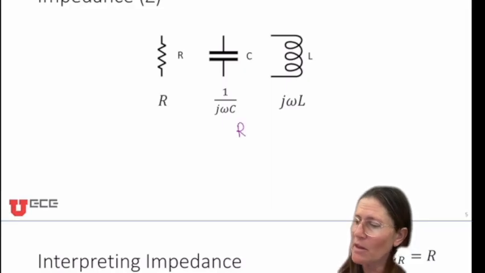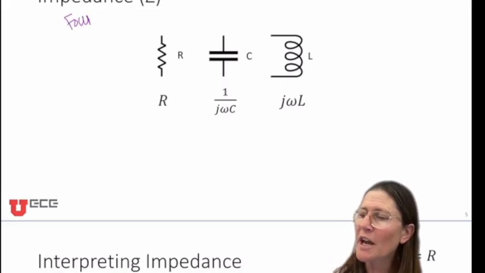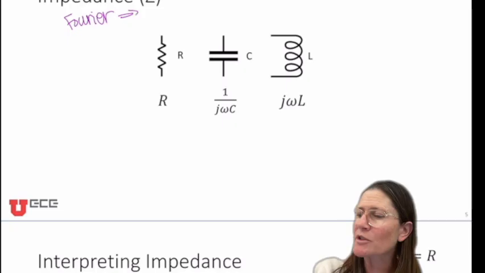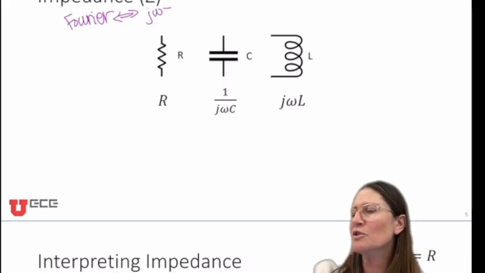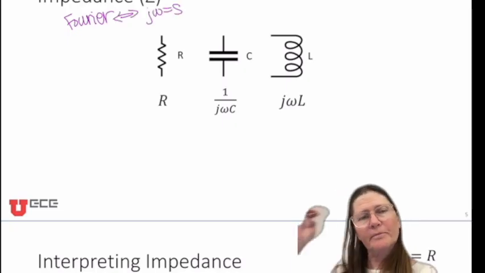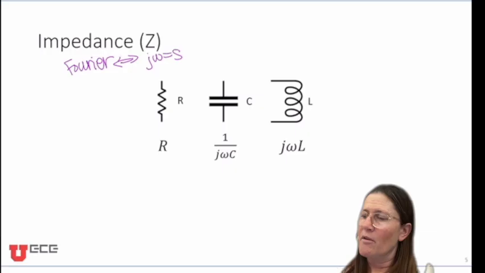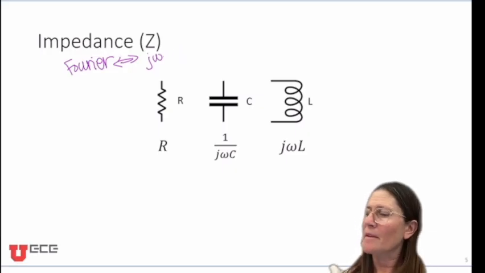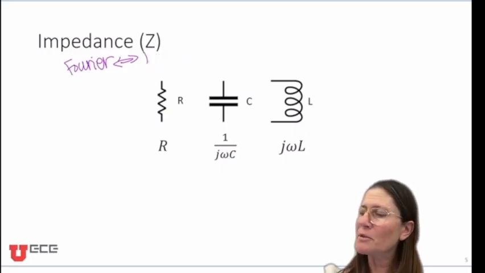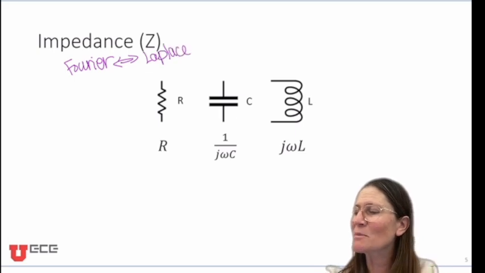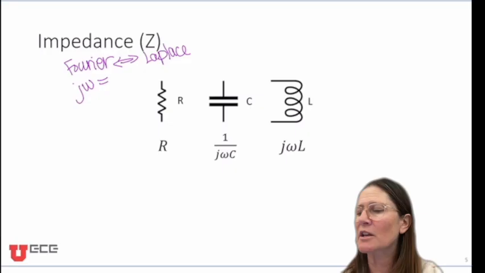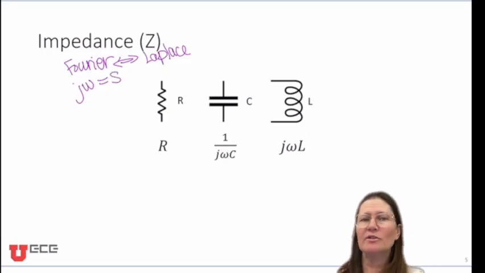To go between Fourier and Laplace, the only thing you have to do differently is substitute j omega for S. So changing between the two, j omega equals S. That's the only difference.